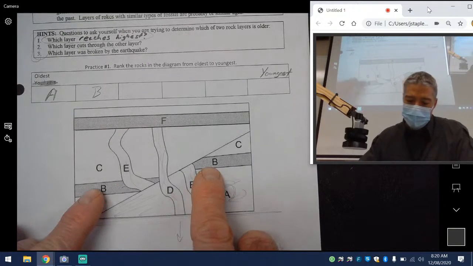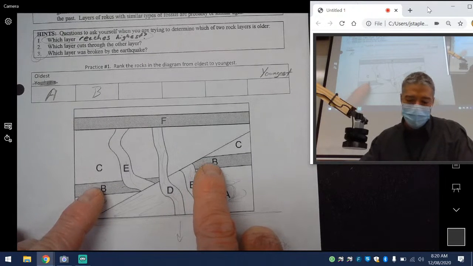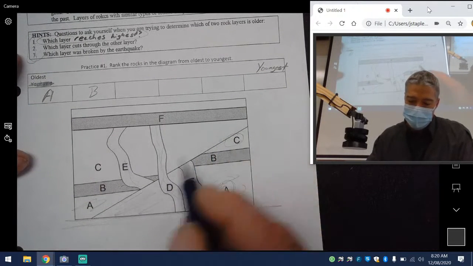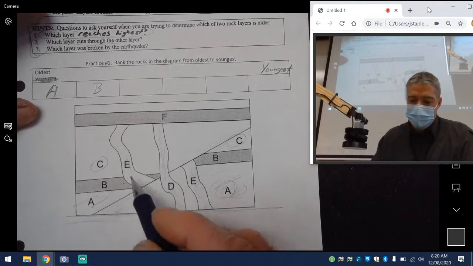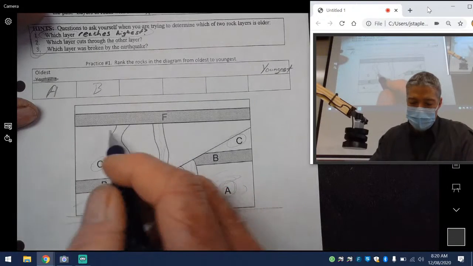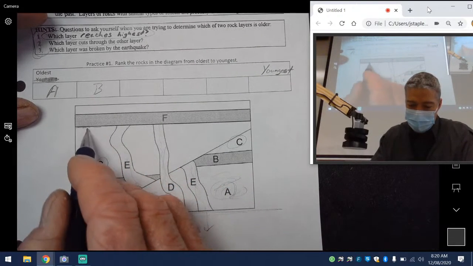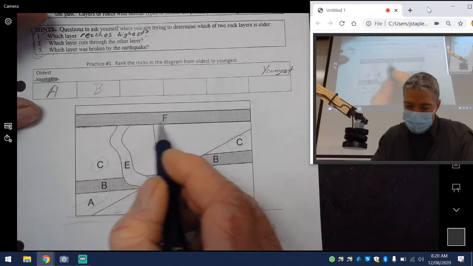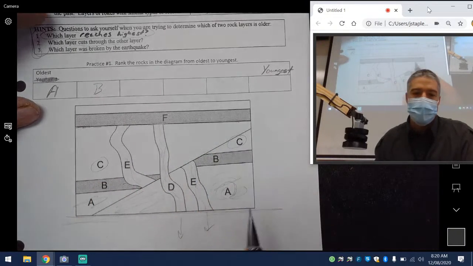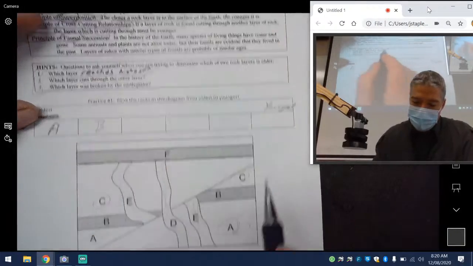Now as I go up, this is where it gets a little tricky. I get to layer C, and if I look at the top of C, this is a good place to look. The top of C is even with the top of E, and that's even with the top of D. Oh, I remember why I said this. Which one reaches the highest?